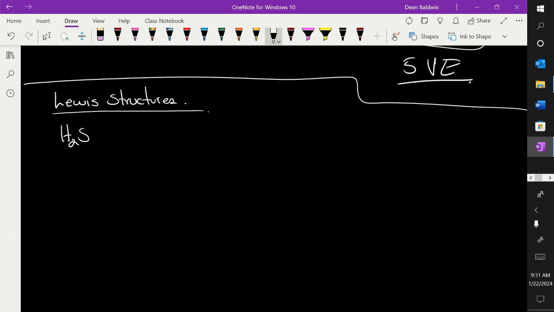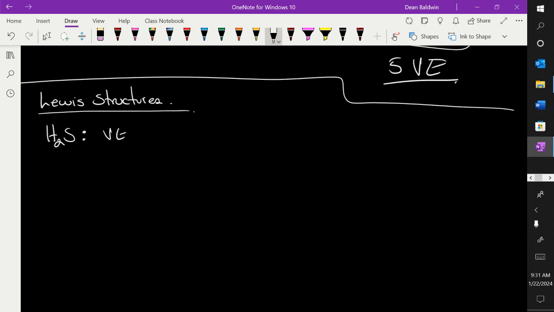So how do you do these? Does anybody remember how to do Lewis structures? What's the first thing you should figure out? Okay, ionic or covalent? It's covalent. Valence electrons. How many valence electrons does hydrogen have?